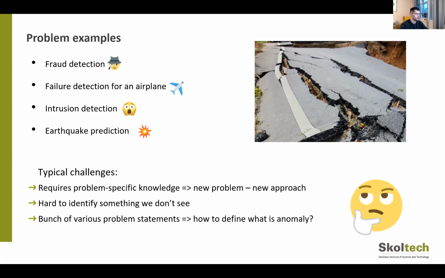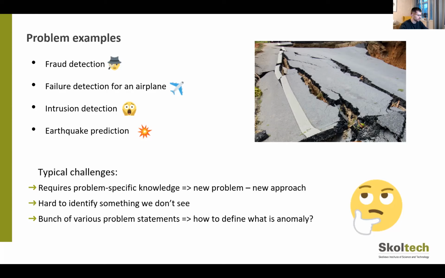We require this problem-specific knowledge because of our lack of data, and it means that in many cases for each new problem, we should invent a new approach. This new approach works, but it's specific, requires domain knowledge, and so on. So, okay, it's a typical scenario, but we will see if we can overcome these kinds of problems later.